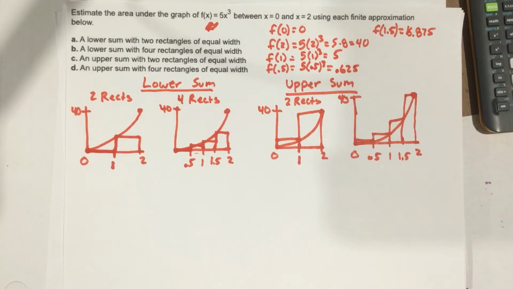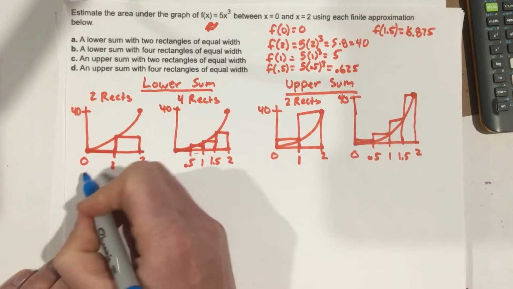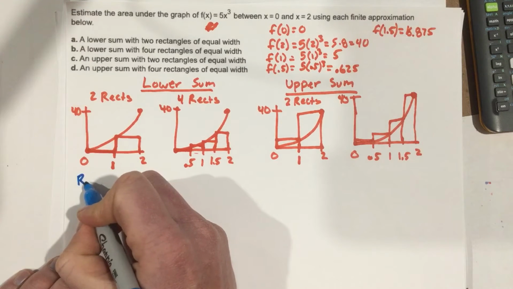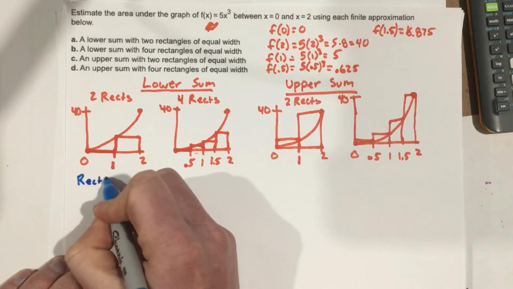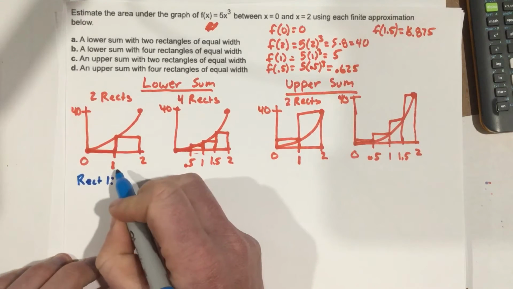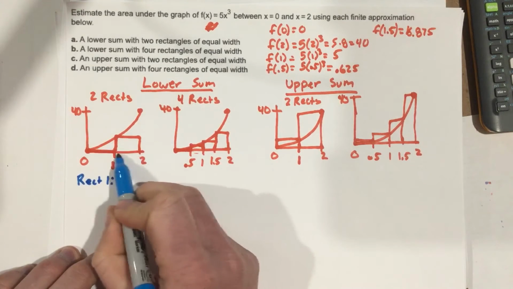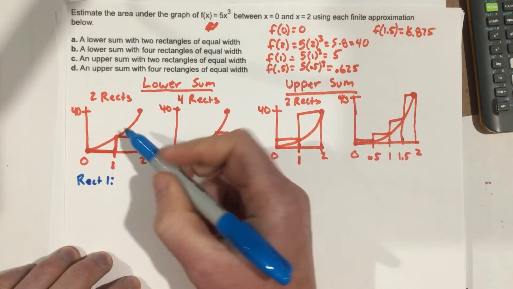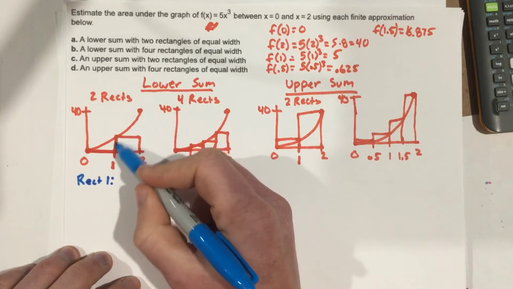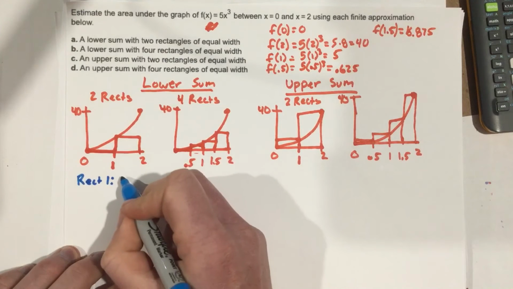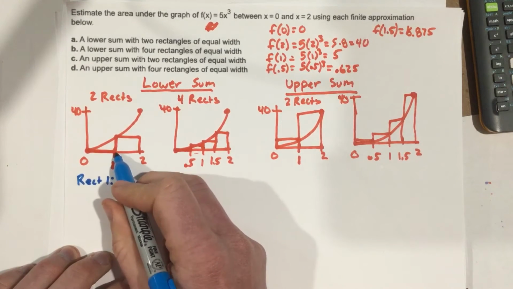So let's go ahead and find these rectangles. So we know rectangle 1, its area is going to be its width times its height. Well, we know the height is going to be f of 1. So our width here we know is 1.